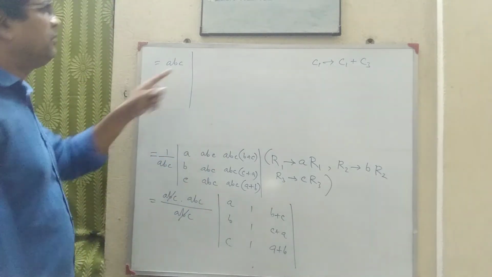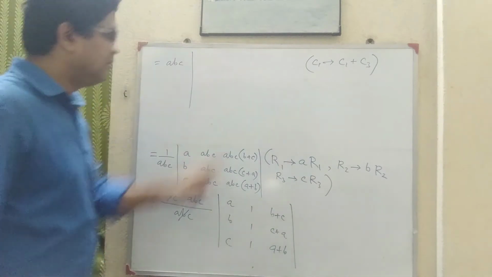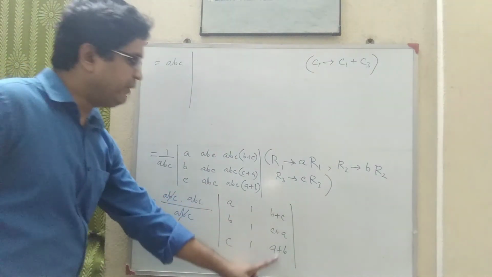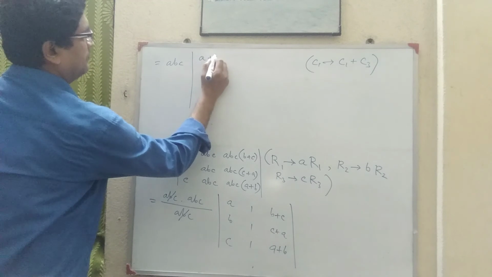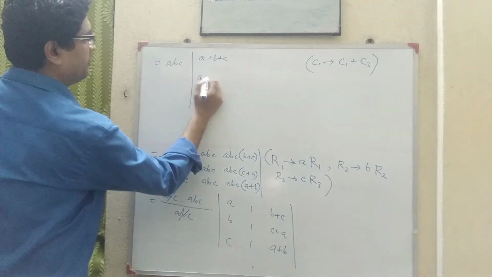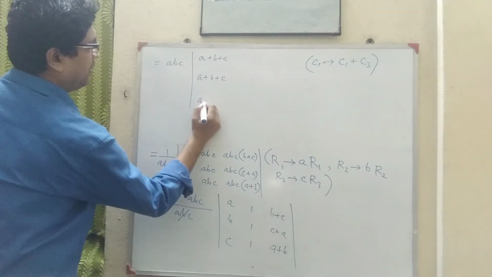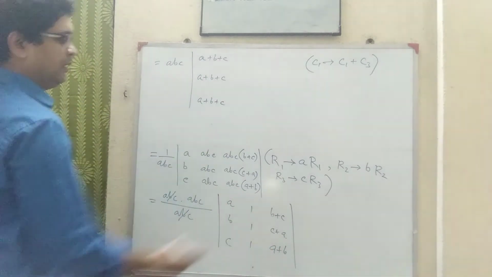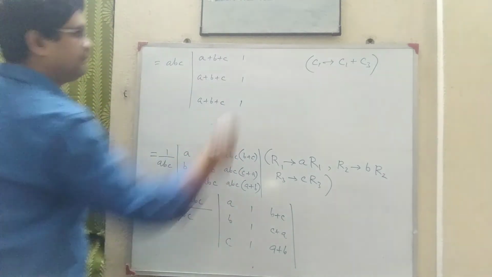Okay, so C1 plus C3 means A plus B plus C, B plus C plus A, which is also A plus B plus C, and C plus A plus B, which is also A plus B plus C, and the other columns will be as they are.